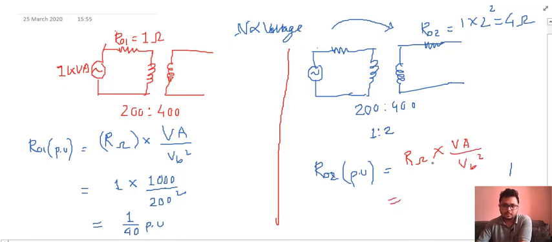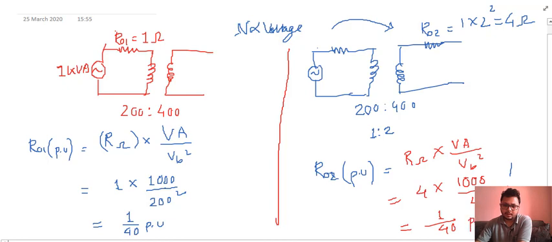The resistance in the secondary is 4 ohm, into VA, which is 1 kVA only, because in a transformer the power between primary and secondary does not change. What changes is voltage and current. And the voltage here is 400 volts. If you simplify this, you will get 1/40.